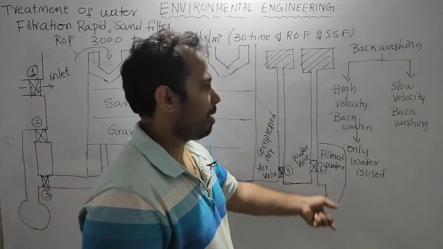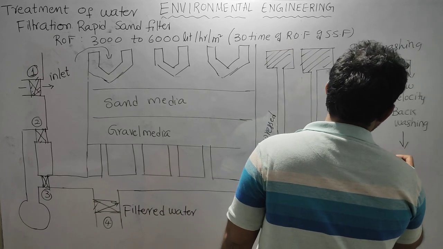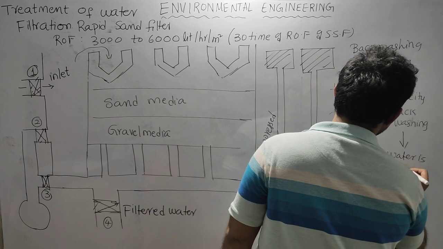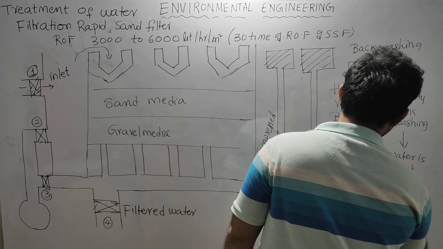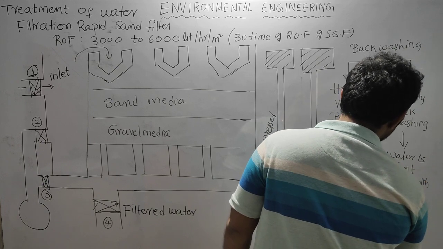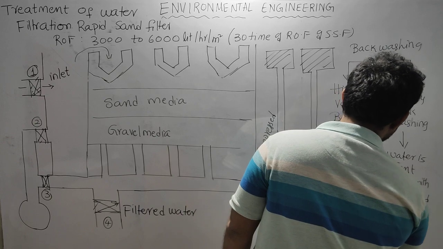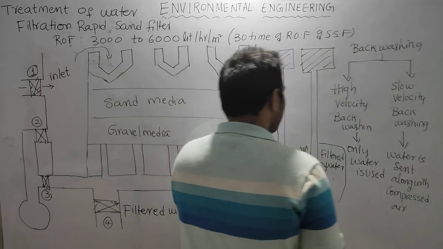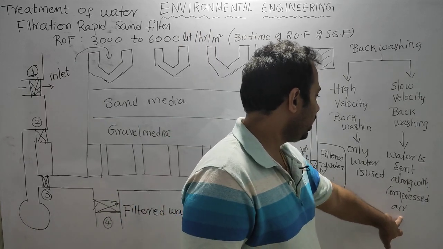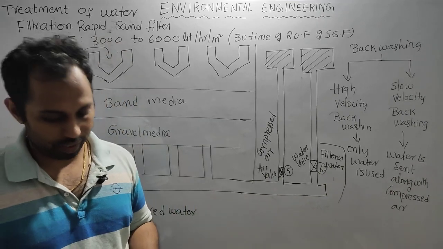In slow velocity backwashing, water is sent along with compressed air, so that means we keep valve number 5 and valve number 6 both opened.